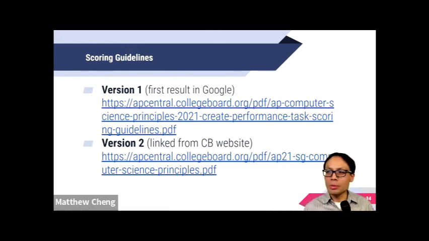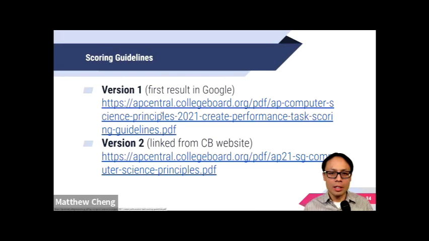Version 2, which is the one that you should be using, is linked directly from the College Board website on the AP Computer Science Principles page. And again, I'm going to do a comparison there, but it's a little weird that both documents are available, but they're different. I think the College Board should have removed this first one, but it's still accessible.